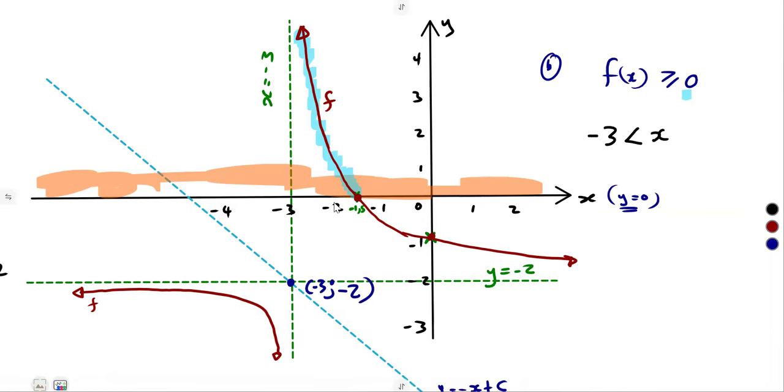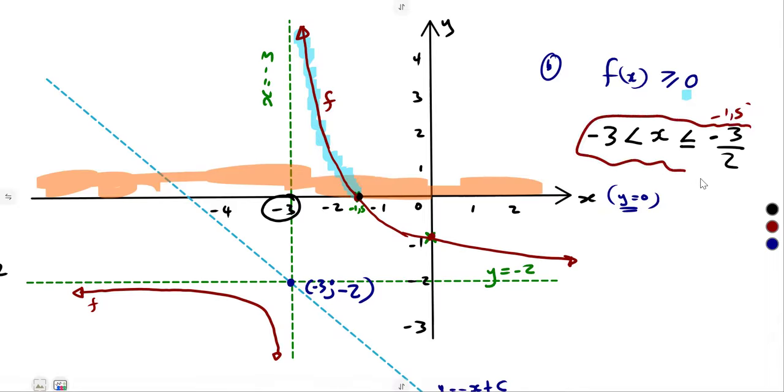So it is limited for values that are greater than minus 3 up to minus 1,5, where y is equal to 0 on that x-axis. So it is less than or equal to. There we can have the x value being equal to that minus 1 comma 5. Remember, the minus 1 comma 5 is the minus 3 over 2. So you can have it as minus 3 over 2 or minus 1 comma 5.